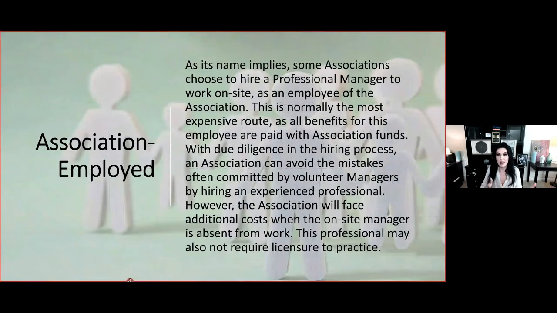Very much so in the same way that the declaration or the bylaws gives the authority for the board of directors to enter into a management agreement, we have that same ability when the board, aka the association, employs someone to run their business. Not a management company, an individual employed by the board, okay?